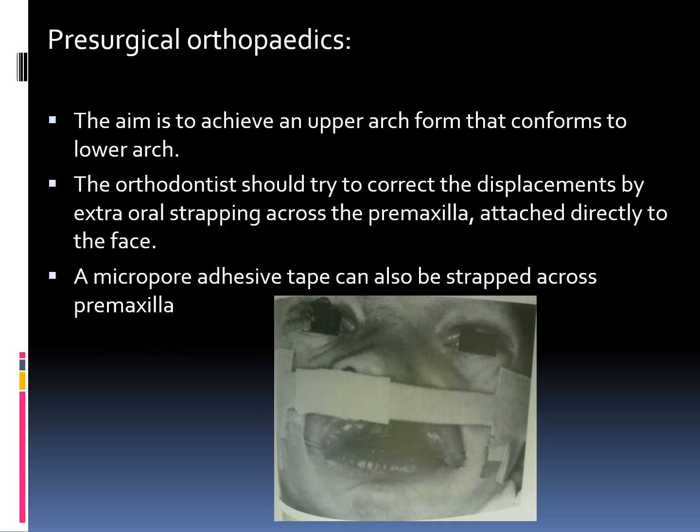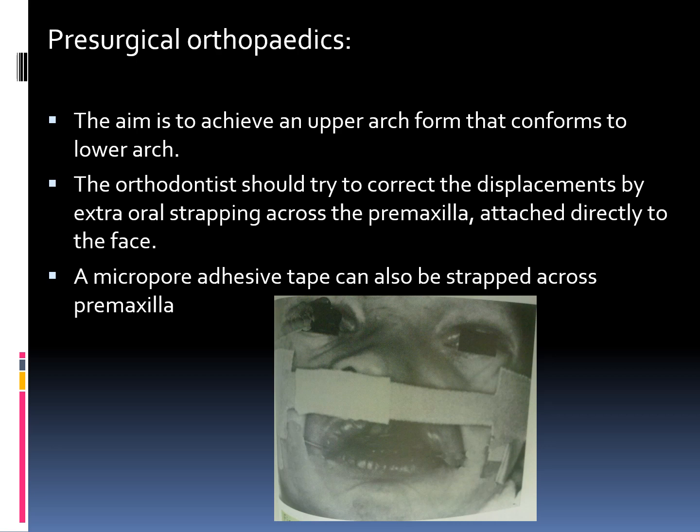Now, this is something that we don't do now, but you have to understand. This is done very, very rarely. Pre-surgical orthopedics. Basically, the aim is to achieve an upper arch form that conforms to the lower arch. The orthodontist should try to correct the displacement, usually by taping or strapping across the premaxilla attached directly to the face.